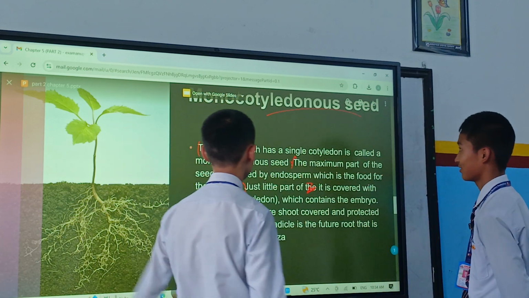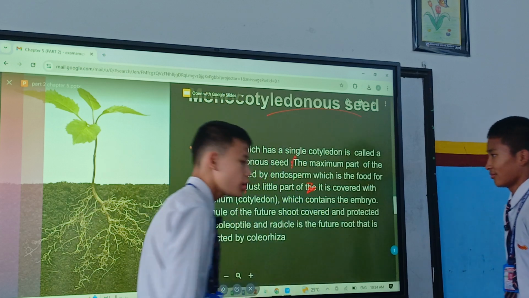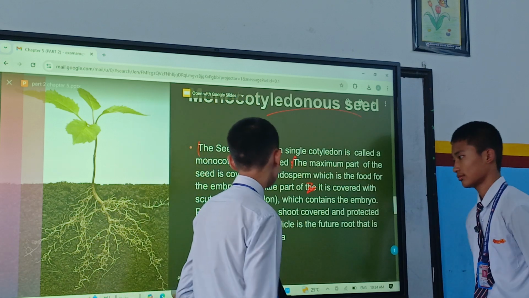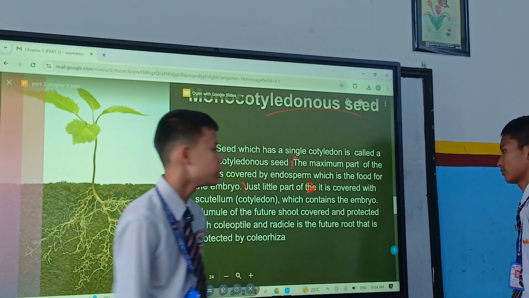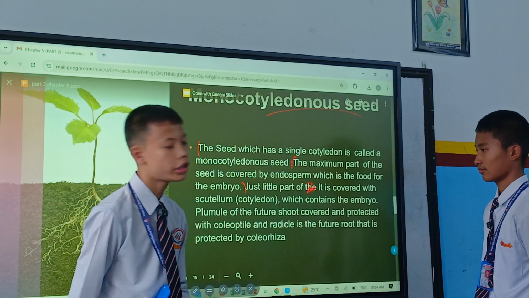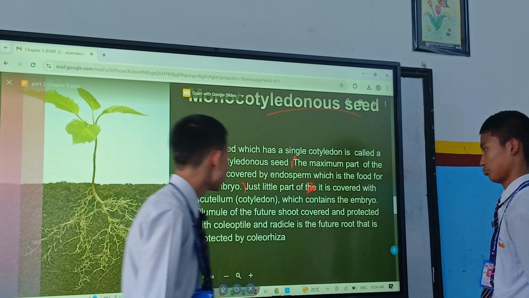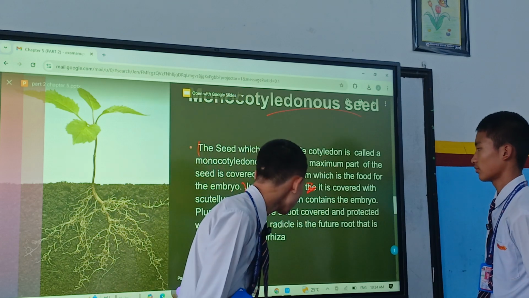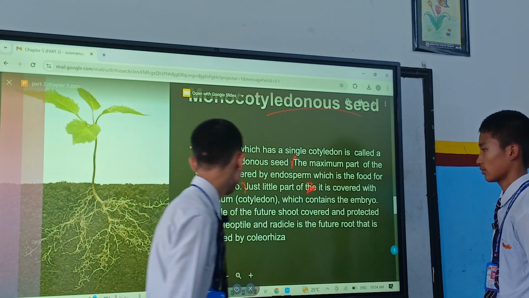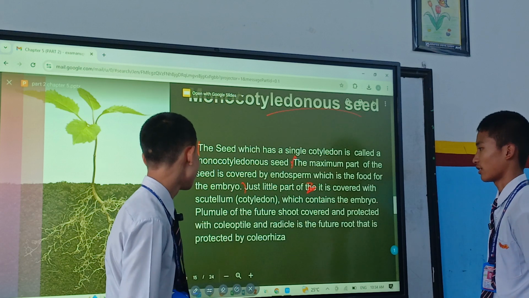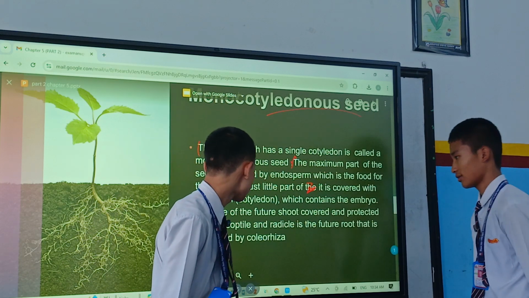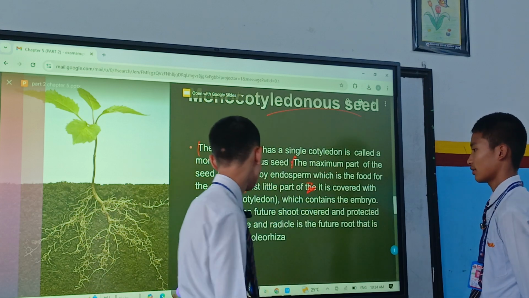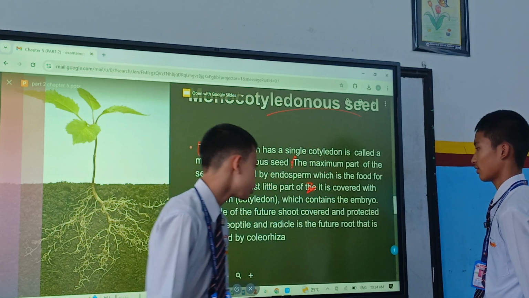The next is monocotyledon seed. The monocotyledon seeds are the seeds that have only one cotyledon. The maximum part of the seed is covered by endosperm. This means that the seed is mostly covered by endosperm, which is the food for the embryo. Just a little part of it is covered with the scutellum, the cotyledon, which contains the embryo.